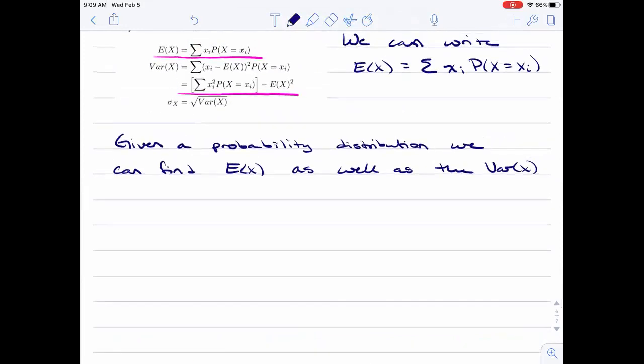Using this formula here, I know this is a stretch, but the sum of the xi squared, so now you're just taking each of these x's squared, but then you're multiplying them by the same probabilities that you had before, right? And what we can write that out as is the expected value of the x's squared.